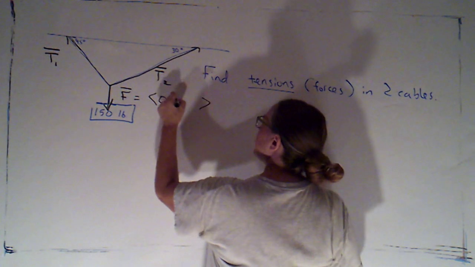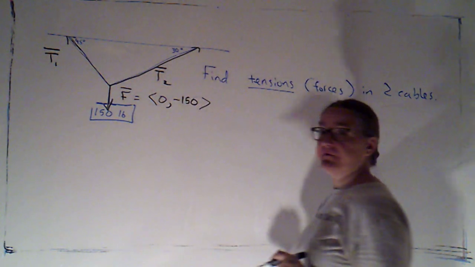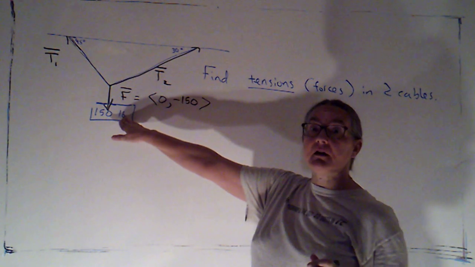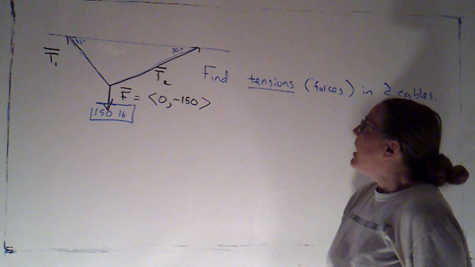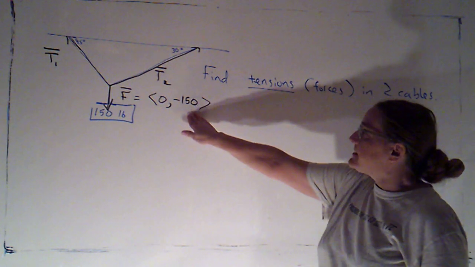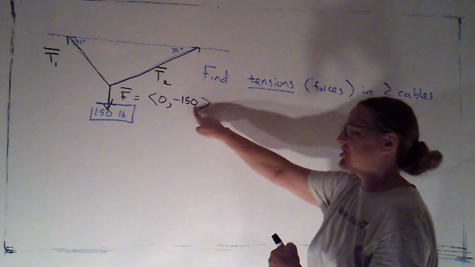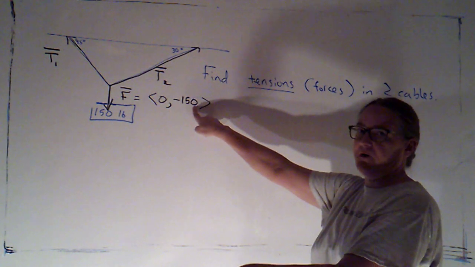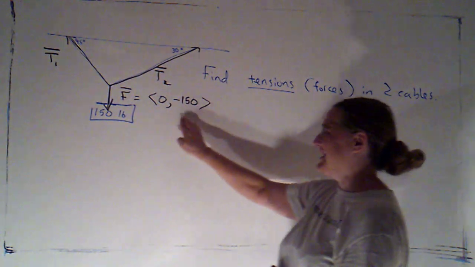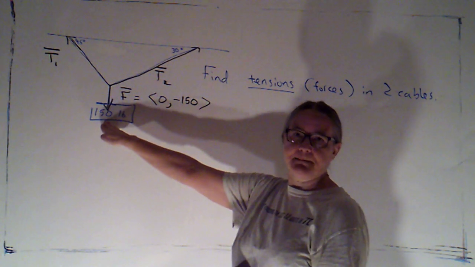It's going to be (0, -150). Pounds are a unit of force. Since gravity acts down, it has no left or right component, but it acts straight down, so it's got a negative component, but the magnitude is equal to the weight of the object.